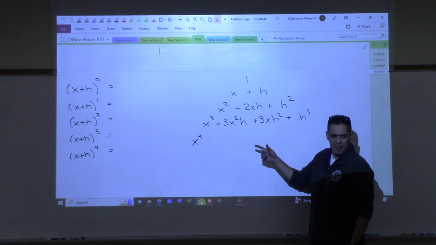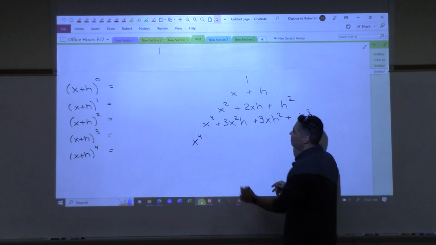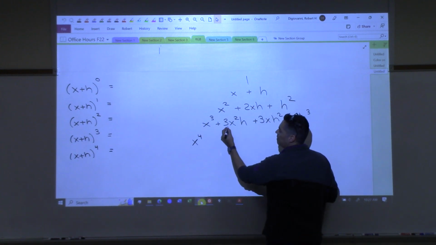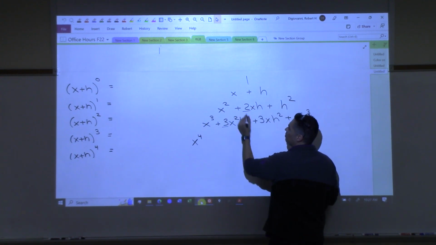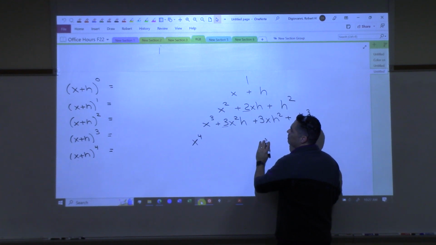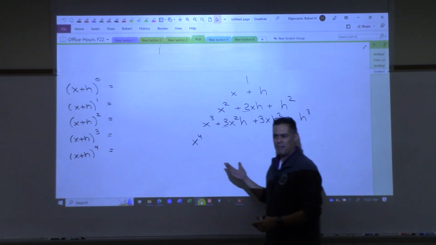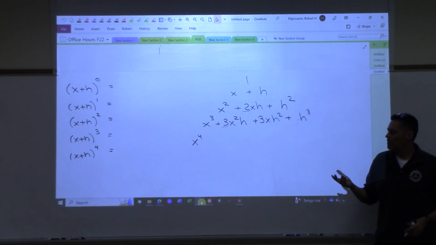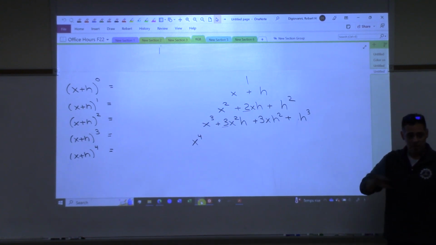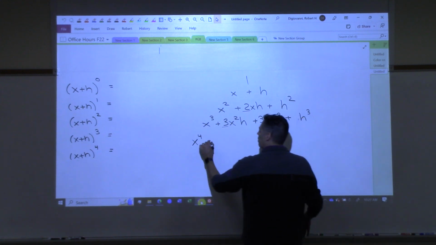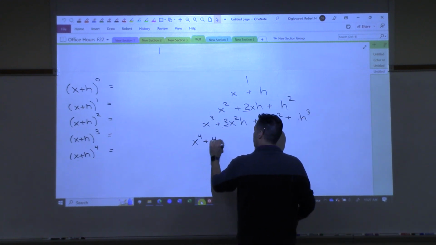Seems like 4 maybe, right? Look at the second number. This 3, this 2. 3 was the power here, 2 is the power. Seems like maybe it should be a 4. Okay, I'm going to write down what it is, and then you can just trust me.